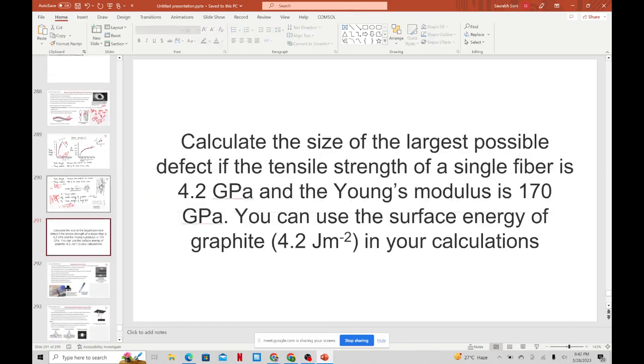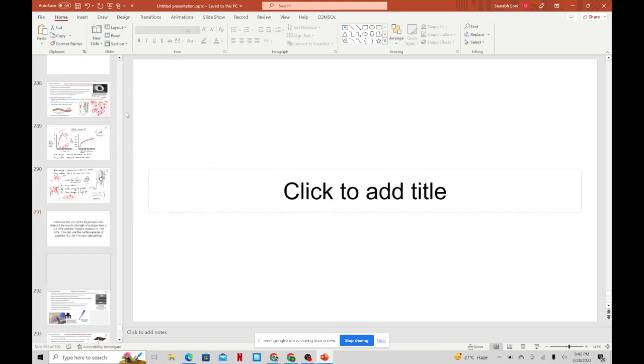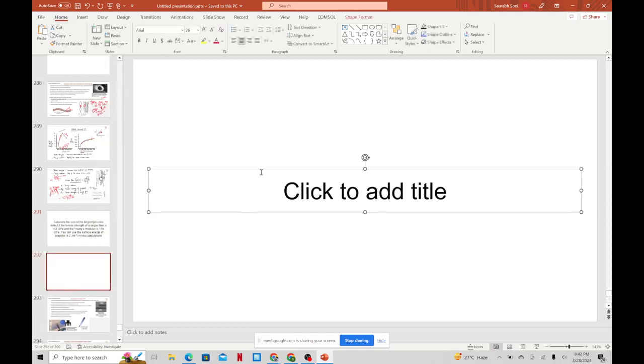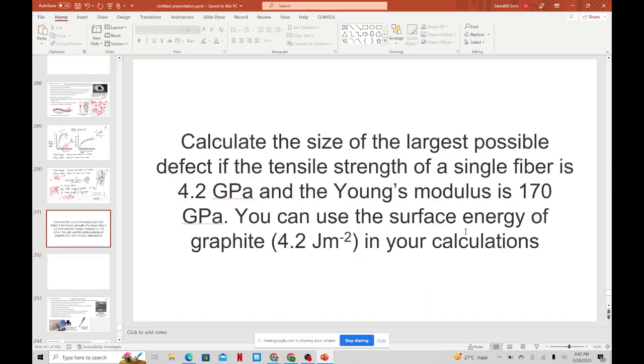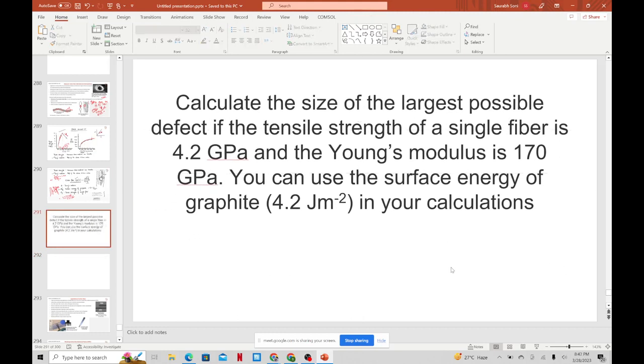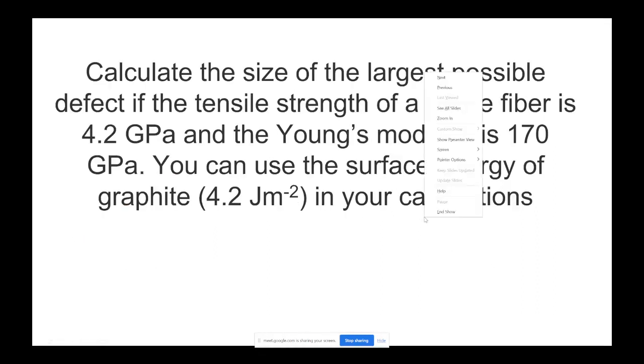It asks you to calculate the size of the largest possible defect if the tensile strength of the fiber is 4.2.